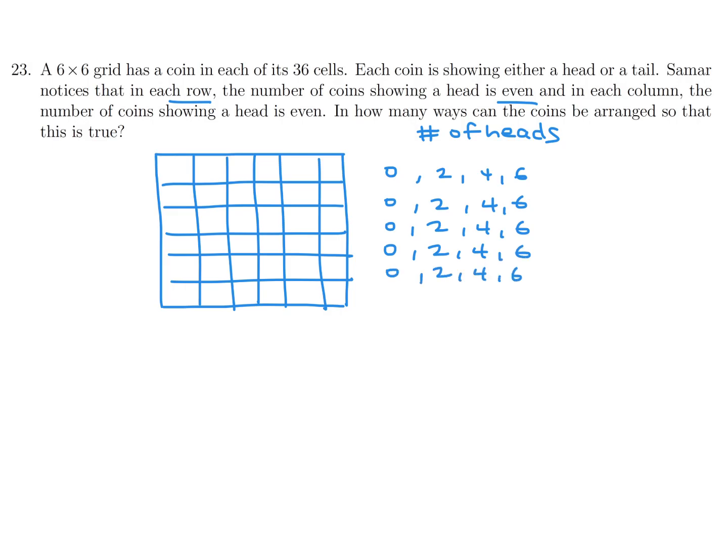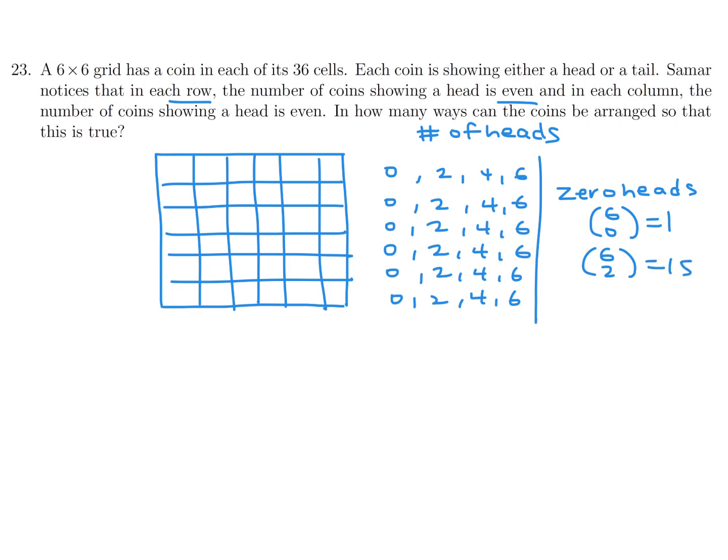And let's see. If we have 0 heads, that's 6 choose 0, which is just 1. There's only one way of doing that, basically putting all tails. 2 heads, 6 choose 2, that is 15. 4 heads, 6 choose 4, that's also 15.